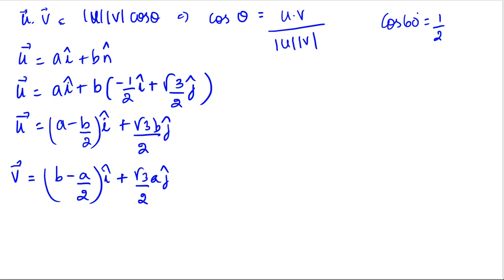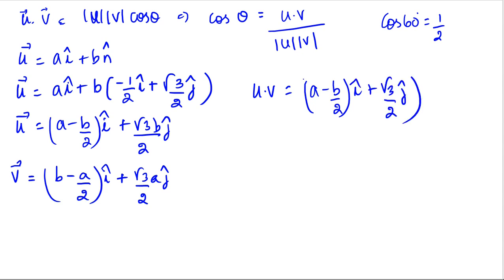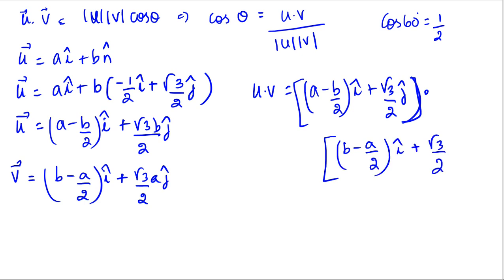So let us find u dot v, which is (a minus b) by 2 i cap plus root 3 by 2 j cap dot product of (b minus a) by 2 i cap plus root 3 by 2 a into j cap.